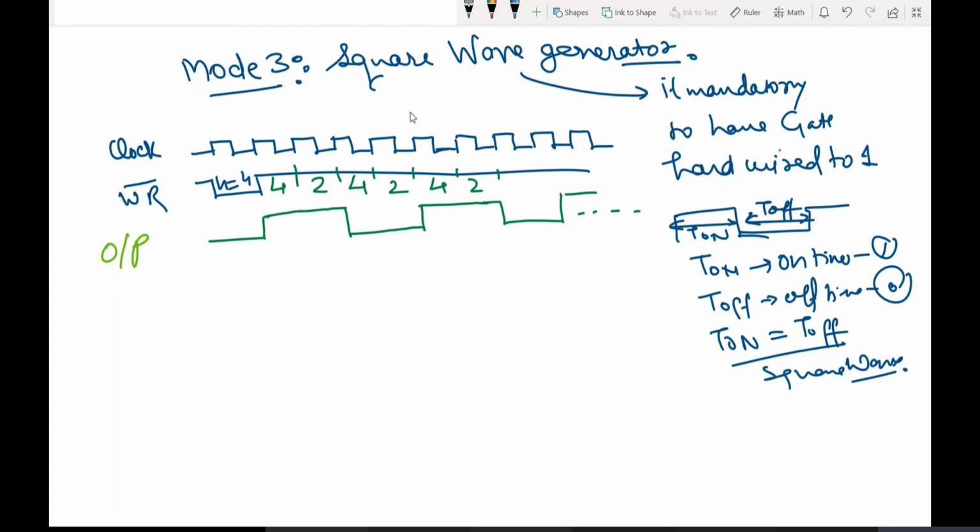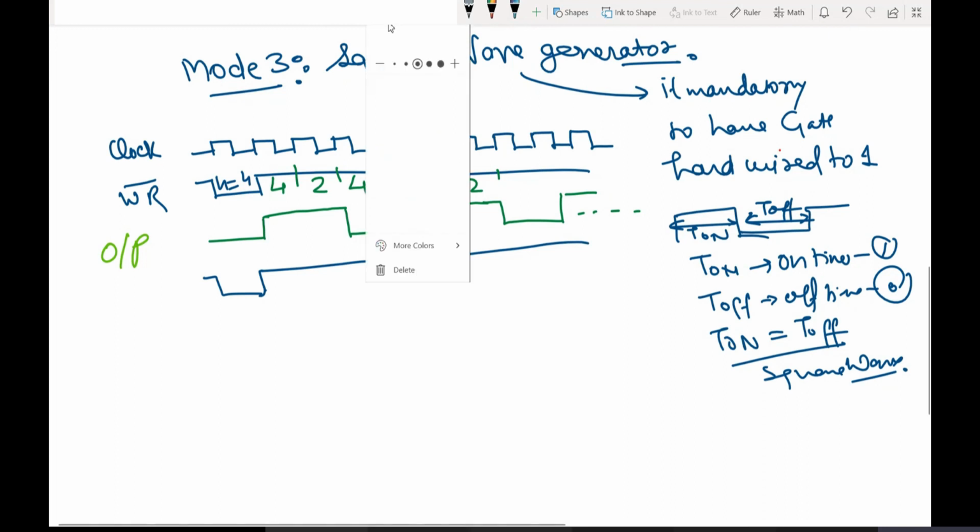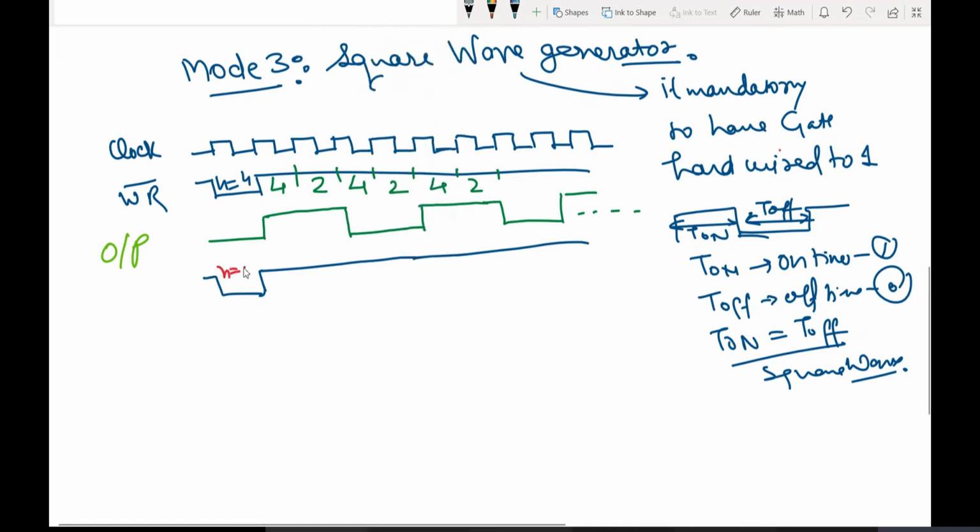But we have a different kind of problem here. The problem is the count value. The count value will not always be even, as we have here. It can also be an odd value. So what will we do when the count is odd? Let's say n is equal to 5.